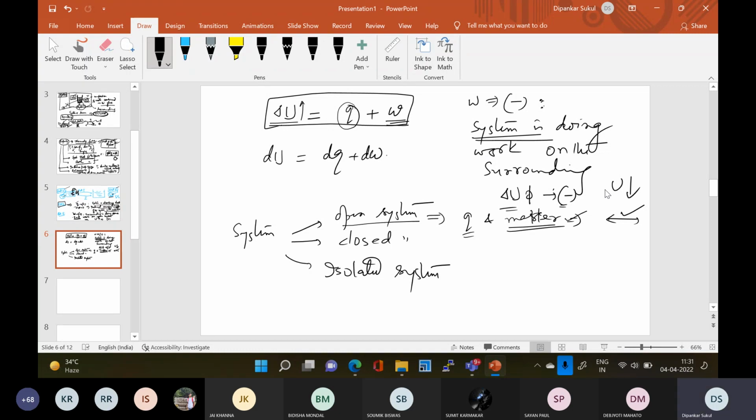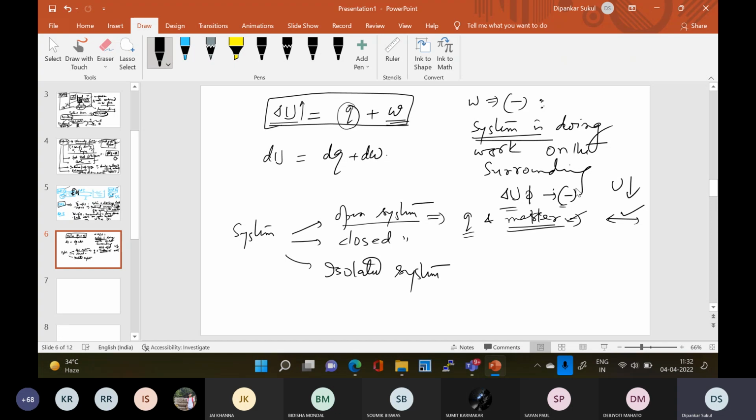Suppose a water pump. You are mostly engineering students. When you go to your respective streams, particularly mechanical, electrical, metallurgy or civil, and particularly chemical engineering, you will start with different types of pumps.